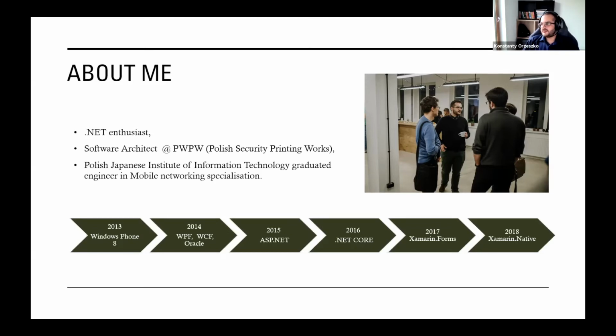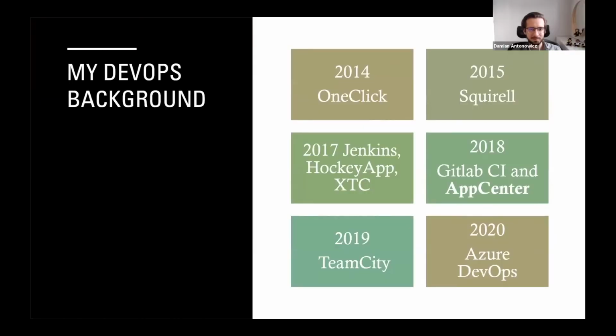So what is my DevOps background? In 2014, while developing WPF apps, I was doing some one-click deployments, and then we switched to the Squirrel because it was, well, far better.